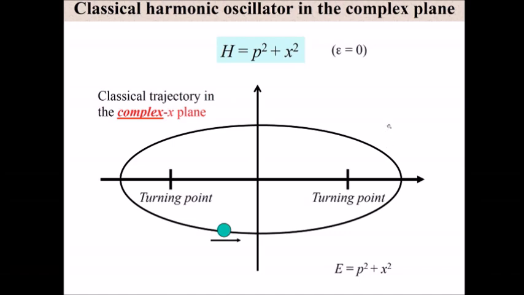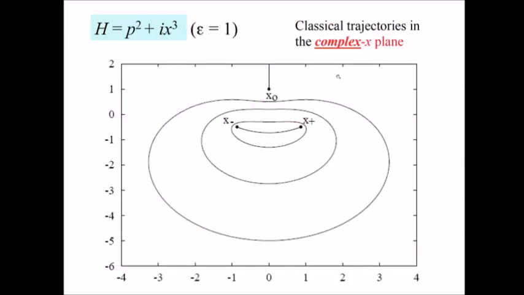Now, this is with epsilon equals 0. Remember the epsilon? There's an ix to the epsilon. So if we set epsilon equals 1, we get p squared plus ix cubed. And here are the turning points. The turning points have moved downward into the complex plane.